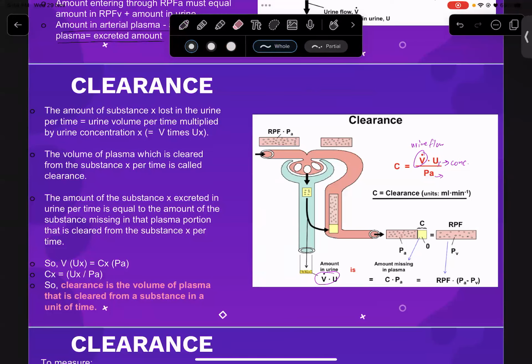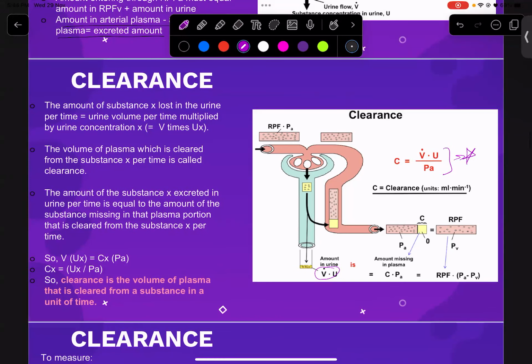So honestly, this equation itself, you guys should memorize it word for word because it will show up a lot. So this is what I need you guys to focus on. If you can write it on a paper next to you so we can solve the questions at the end. Okay, so clearance is simply urine flow multiplied by the urine concentration of the substance over the plasma concentration of that said substance. So let's say you have 100 liter of glucose and the urine flow is let's say 50 or whatever.